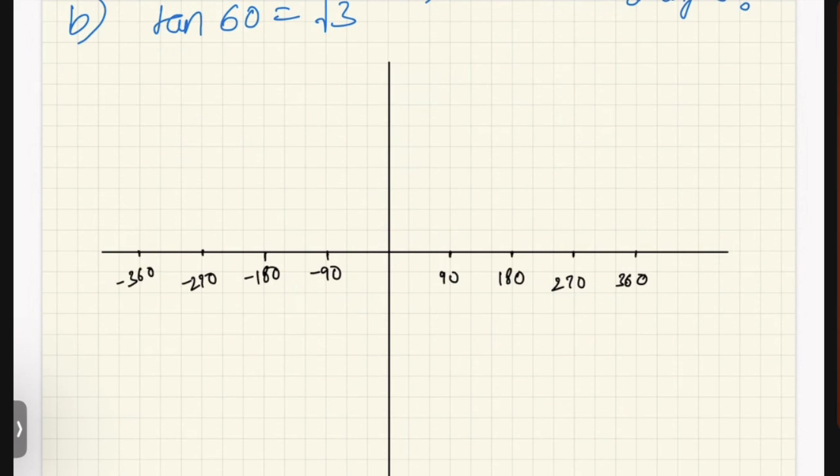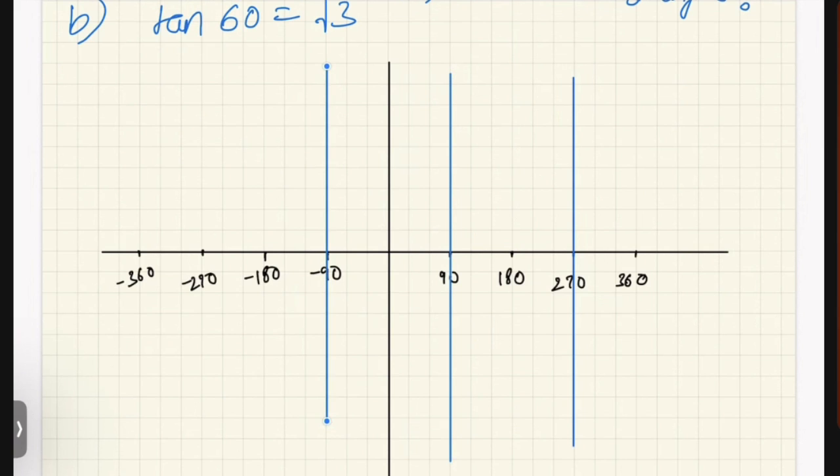We'll not change it. So odd multiples of 90 degrees are asymptotes. Draw your asymptotes here. This is 90. This is 270. That's it, done. And 4 blocks equals 1 unit, so plus 1, minus 1.